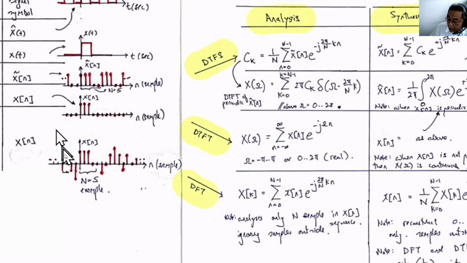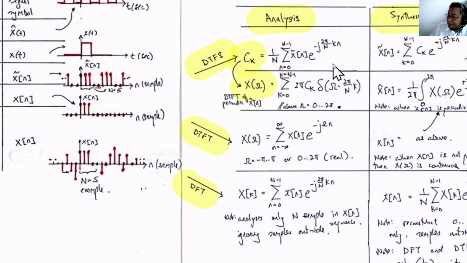It takes the original sequence x of n and breaks it down into complex exponentials. So when we say we take the DTFS of this signal, we're asking you to calculate CK. If we ask you to calculate the DTFT of the periodic signal, what you have to do is to calculate the DTFS and then convert it into the DTFT representation. We'll show you how later.